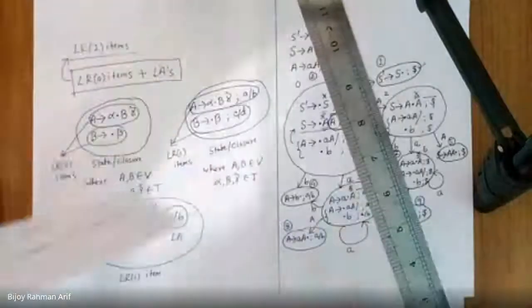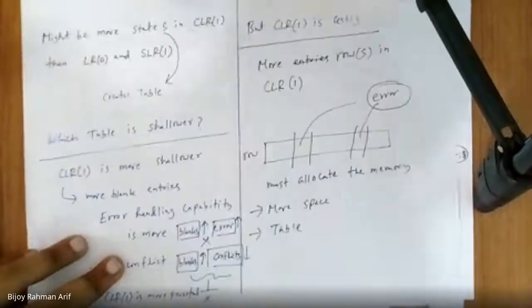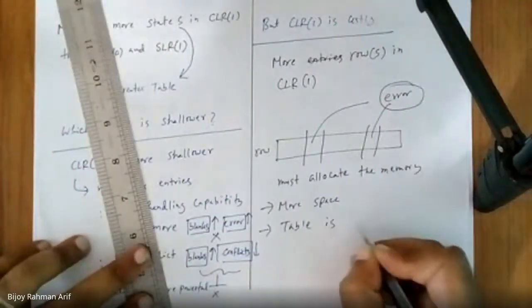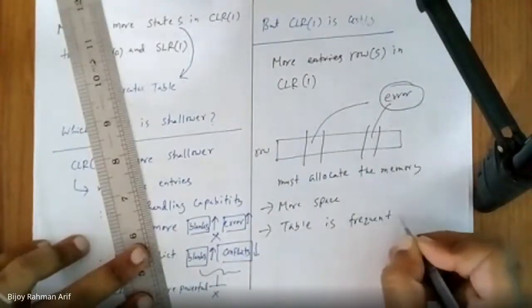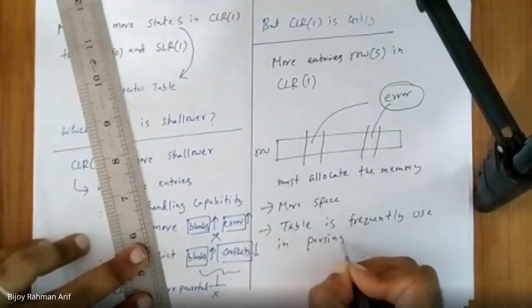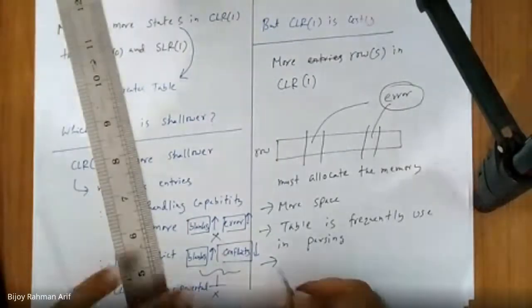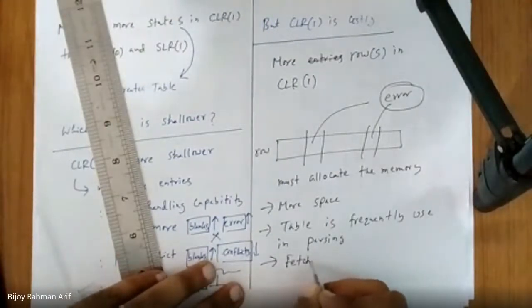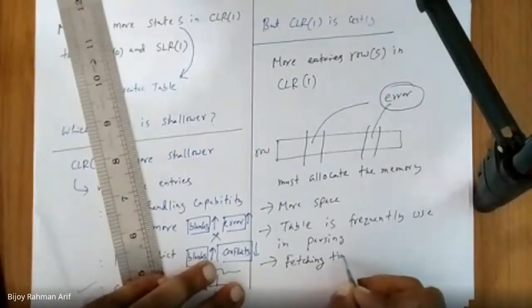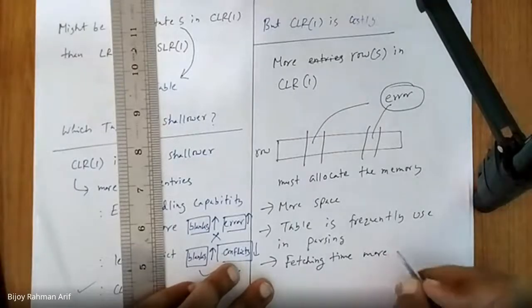That means the table is frequently used in parsing. What if the table is big? The fetching time would be higher, more. So it also creates more delay.